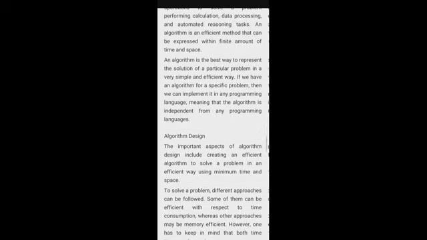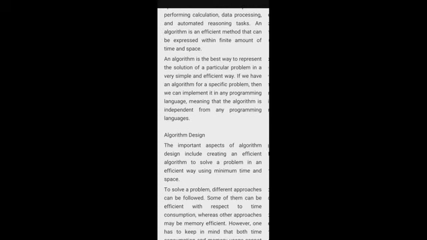Any problem you encounter as a programmer, the first thing you have to do is analyze the problem. When you understand a problem, you tear it down into units, into sections, or into modules. That is where you'll be able to understand what is required of you.